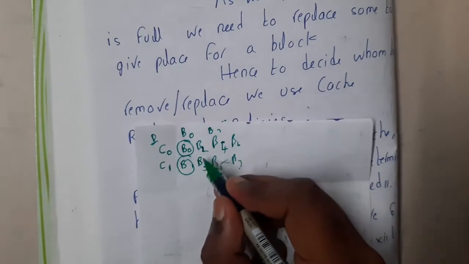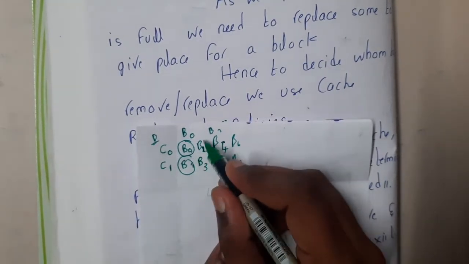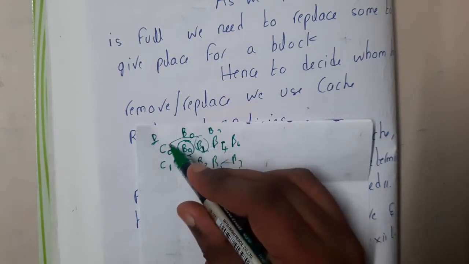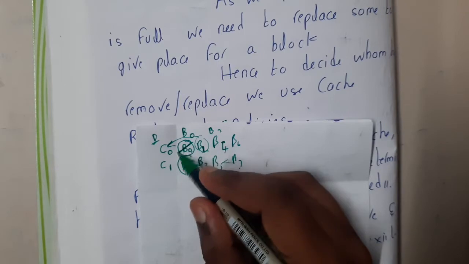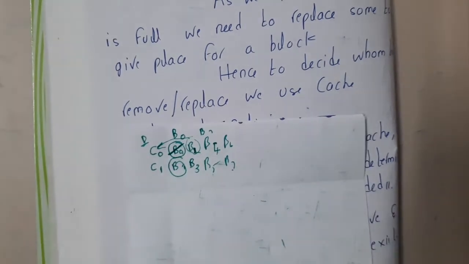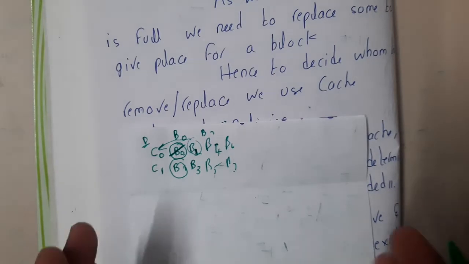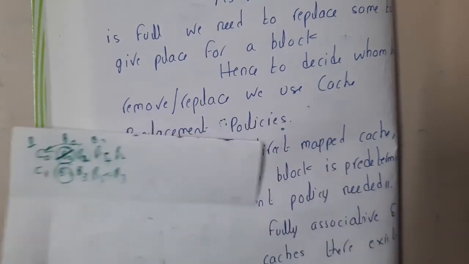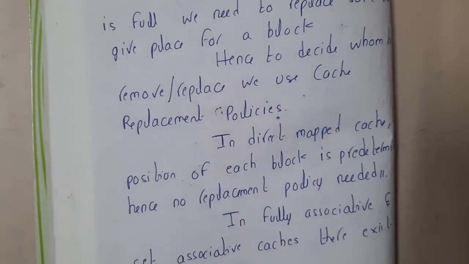If B2 comes, is there any rule to check who goes out? B2 has only one option: it asks C0 whether there is space. If there is no space, it removes that block and takes its place. So there is nothing to check, directly remove it. That is the reason why in direct mapping there is no concept of page replacement.